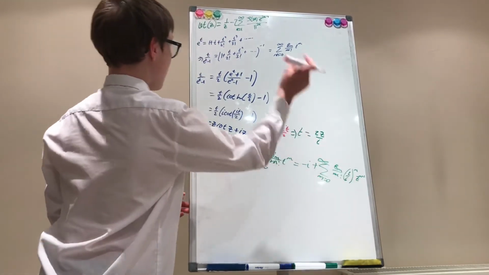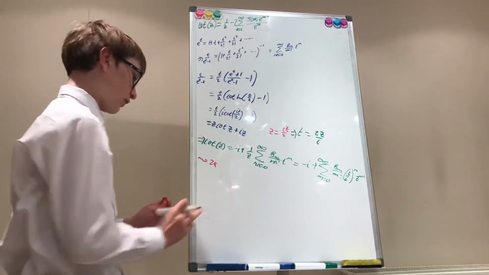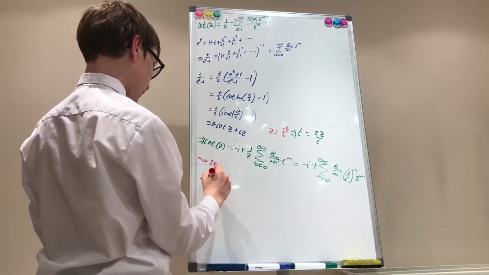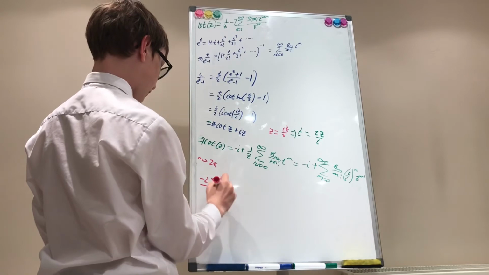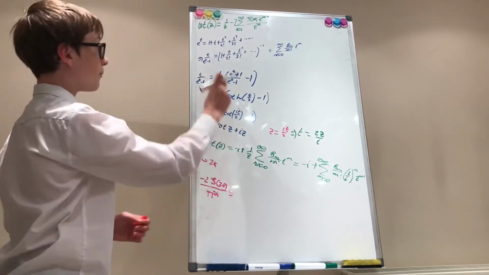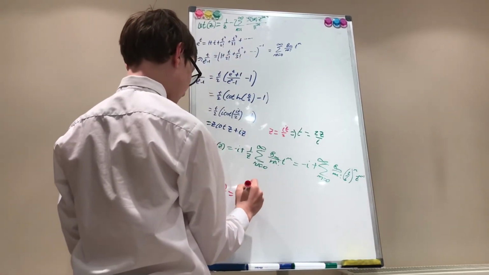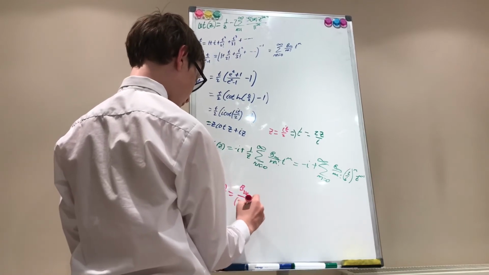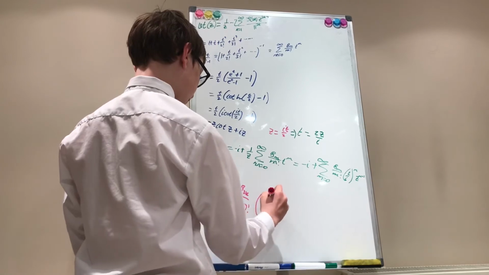This part here is equal to this part here. So overall, and don't forget the negative 2, negative 2 zeta of 2k over pi to the 2k equals this right here: b sub 2k over 2k factorial times 2 over i to the 2k.